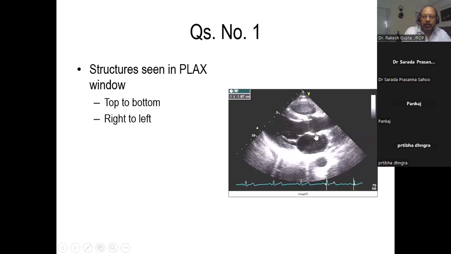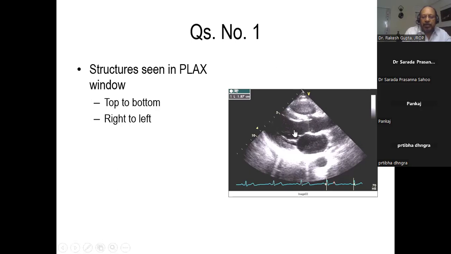Anterior aortic root. What is this? This is posterior aortic root. What is this? This is aortic annulus. This is aorta.